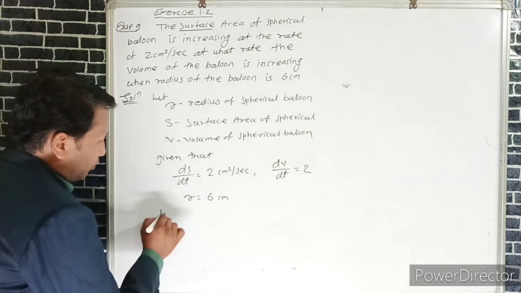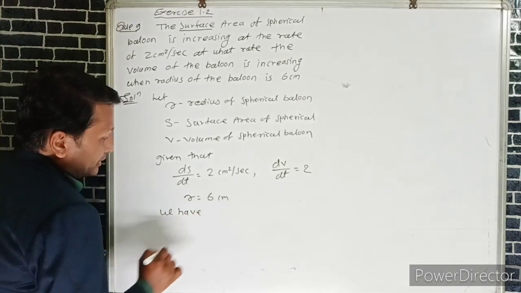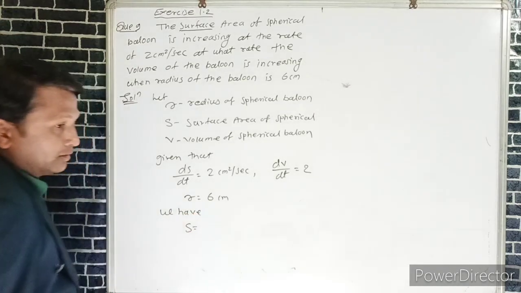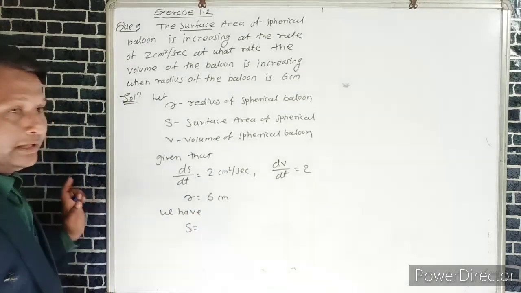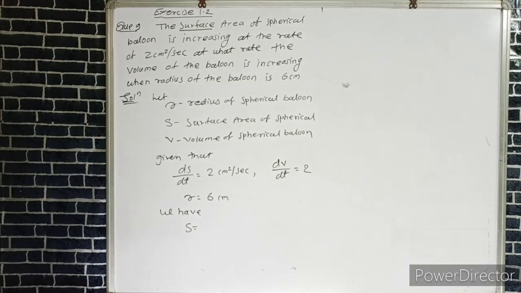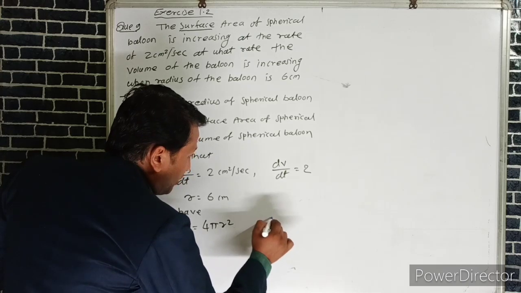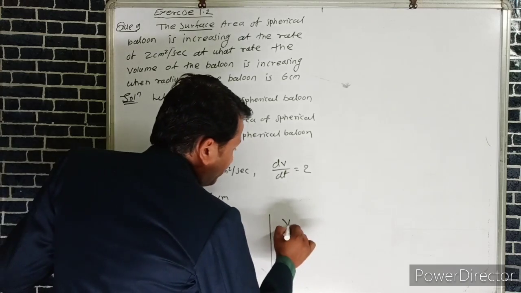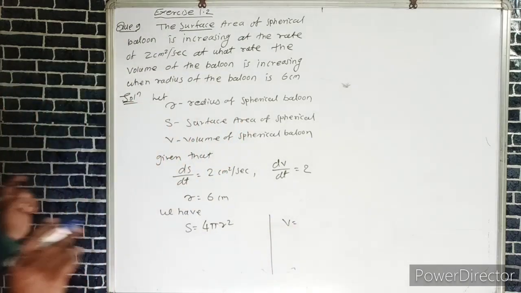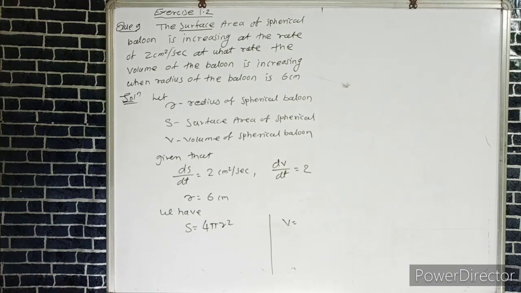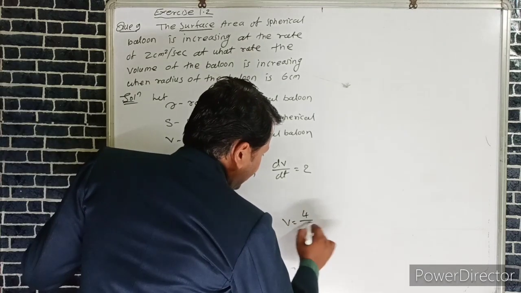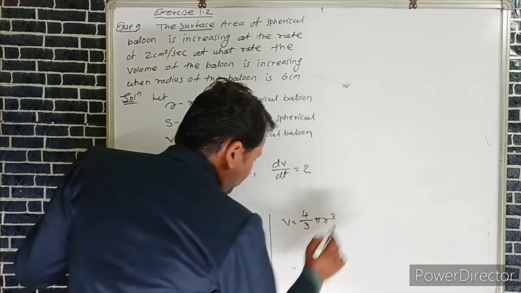So we have the surface area of the spherical balloon is 4 pi r square and the volume V of the spherical balloon is 4 by 3 pi r cube.